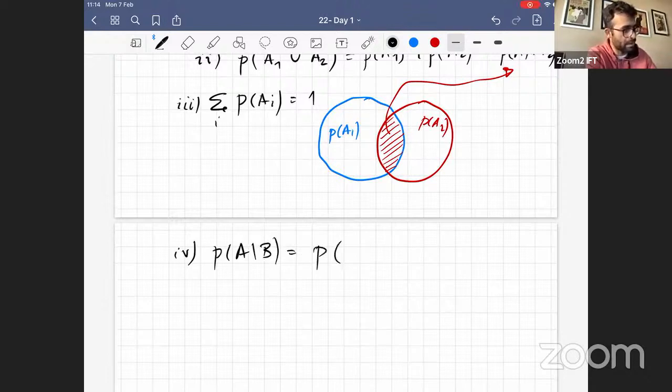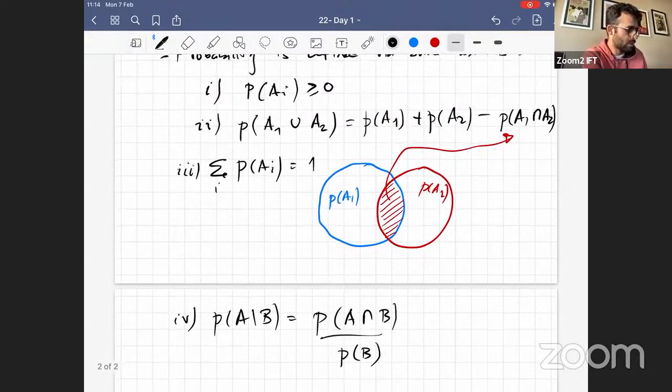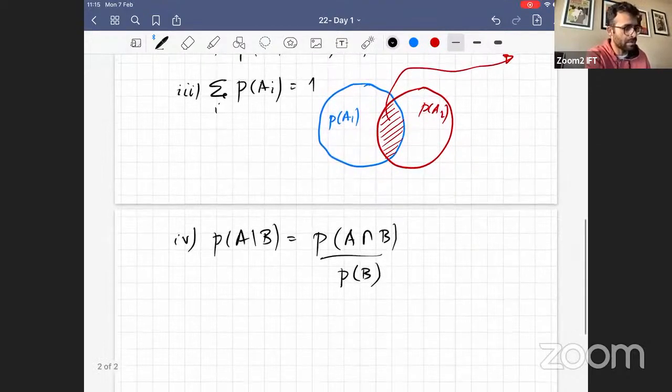It is the probability of the intercept region divided by the probability of B. So in a way, the probability of A given B is this sort of fraction, right? The fraction of B in this case, which is intersecting with A at some point, no?